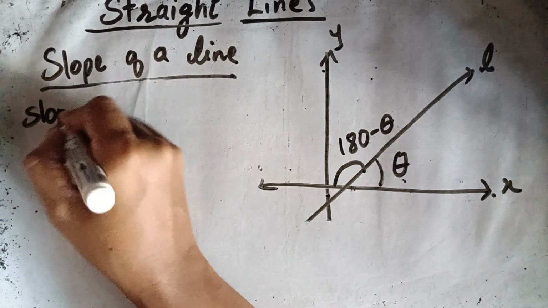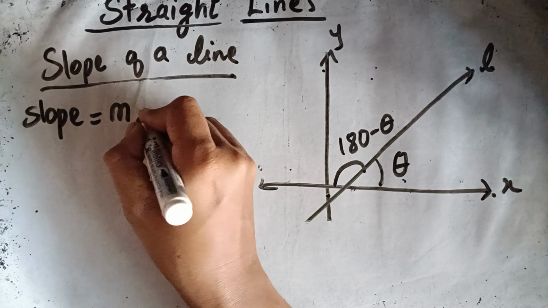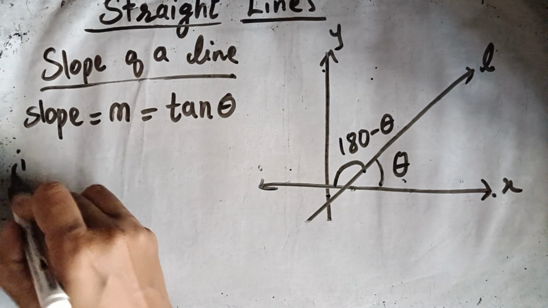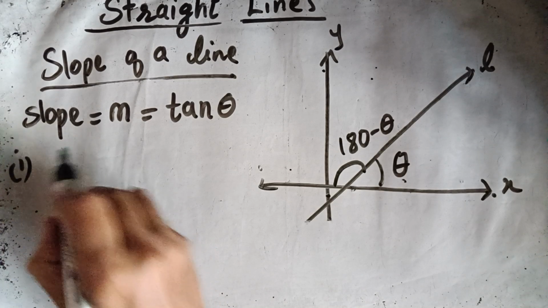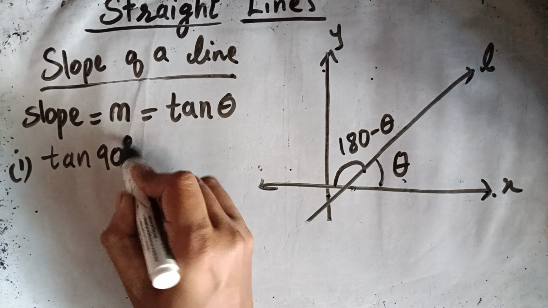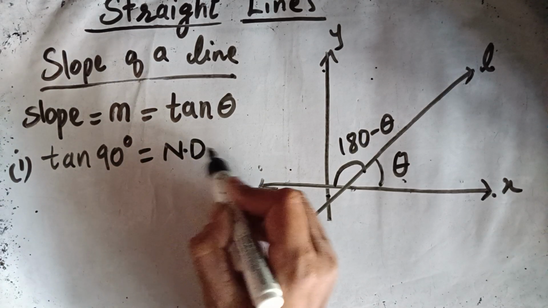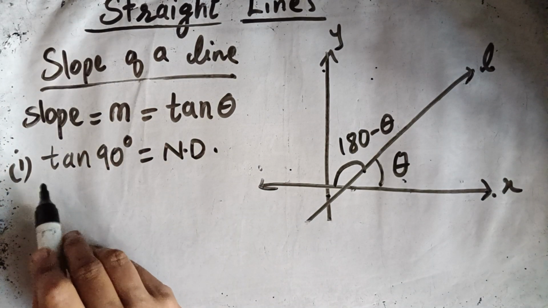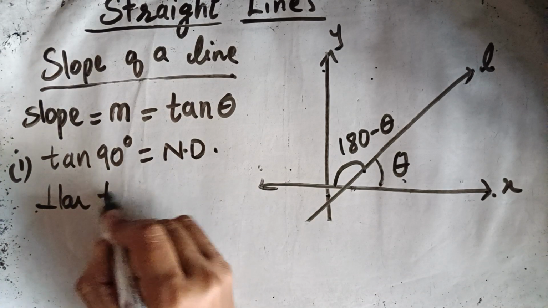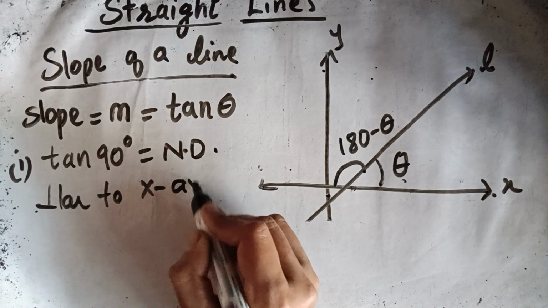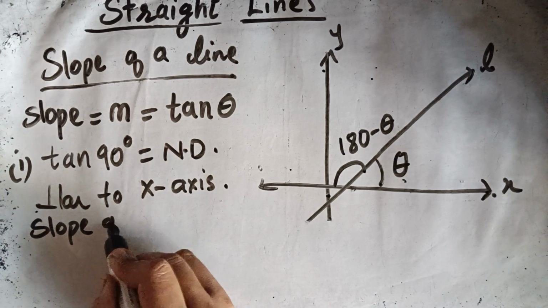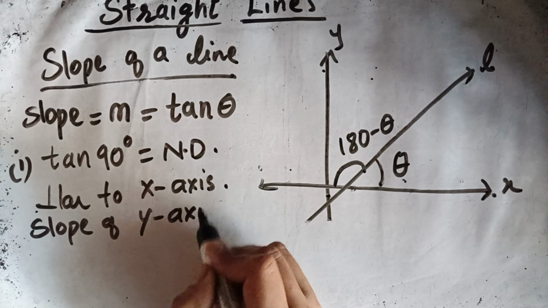We write slope as m, which is tan of theta. There are two special cases. The slope at 90 degrees, that is tan of 90 degrees, is not defined. So this line is perpendicular to the x-axis, or we can say this is the slope of the y-axis.